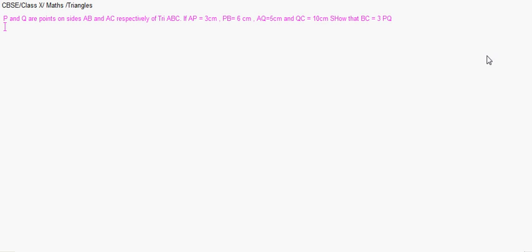So let us draw a triangle ABC. A, this is B and this is C. It says P and Q are points on sides AB and AC. So let us draw PQ here.